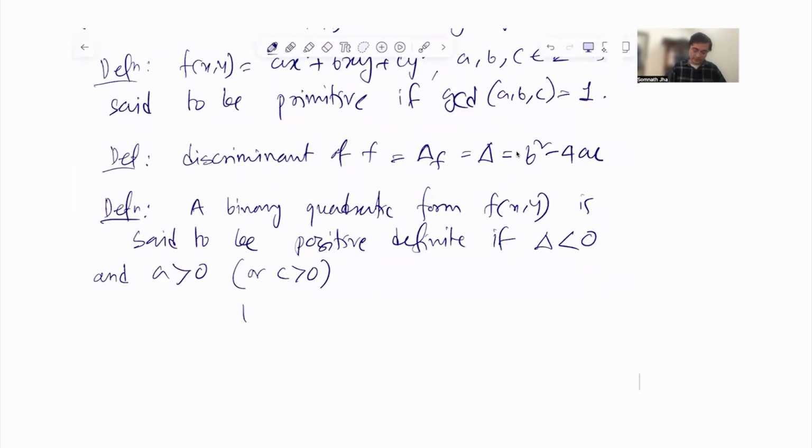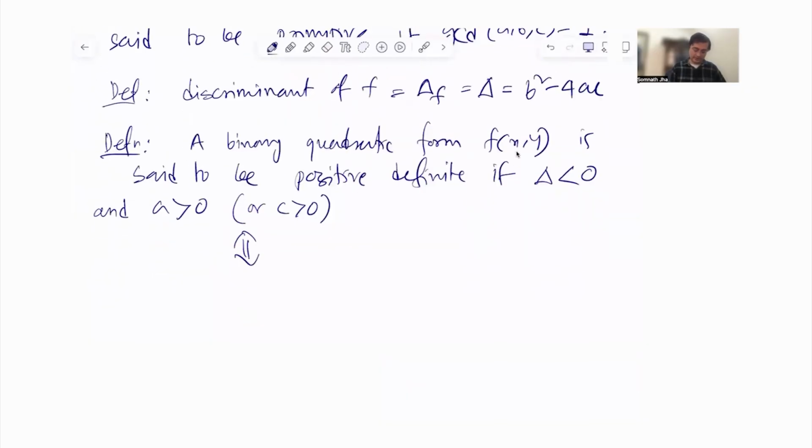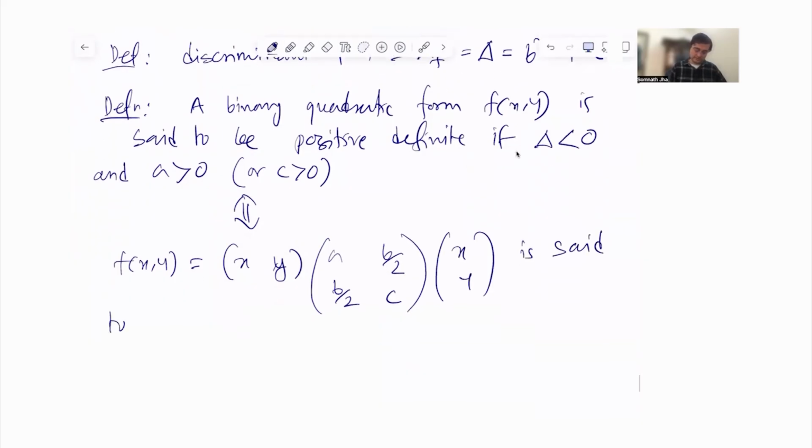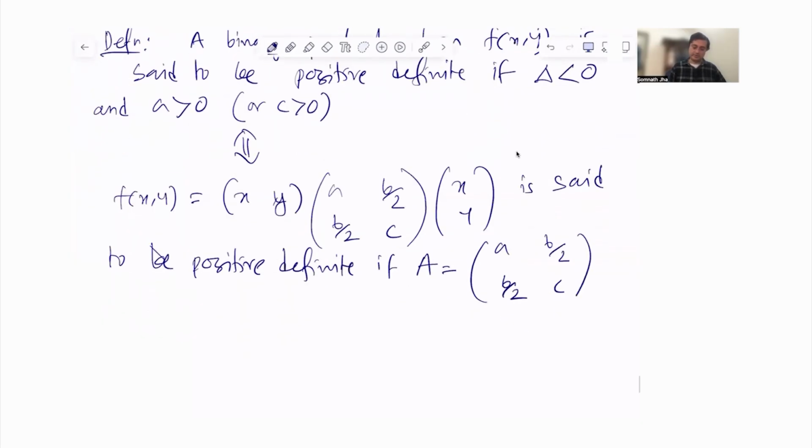So equivalently, f(x,y) equals (x y) times the matrix with rows (a, b/2) and (b/2, c) times (x y) transpose, and it is said to be positive definite if the matrix is a positive definite matrix.